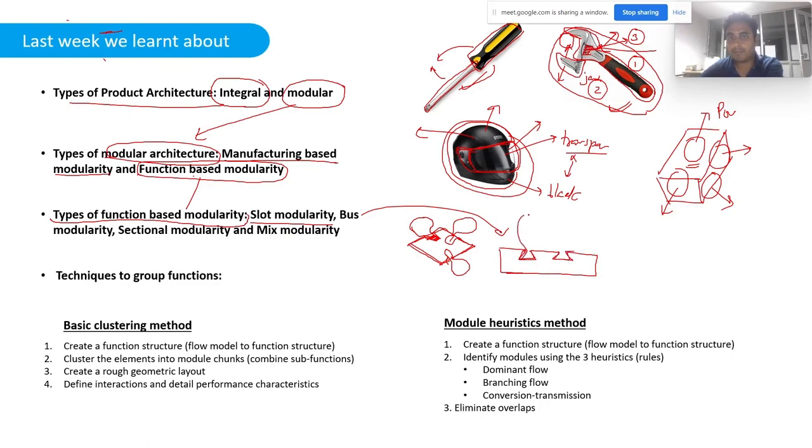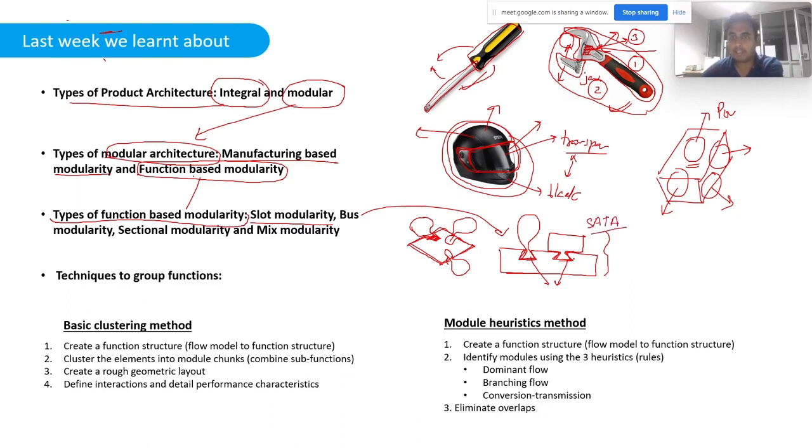So whatever we are attaching, maybe those are of different functionalities or purpose, but they have a common slot. That's why it's called bus modularity. This kind of architecture is seen in computers where we have something like a SATA bus architecture.